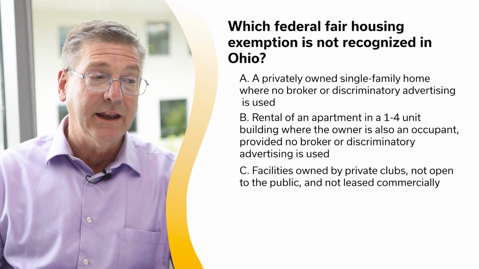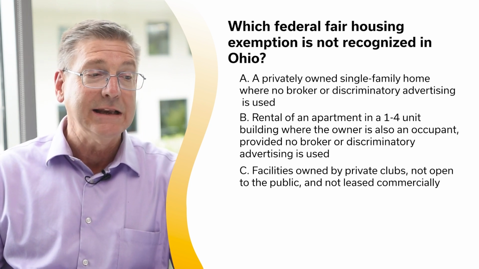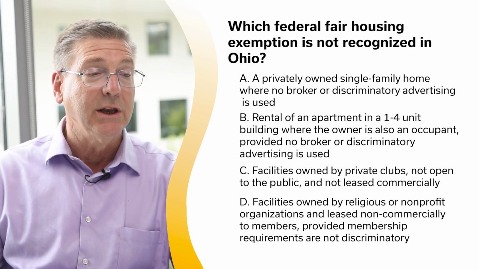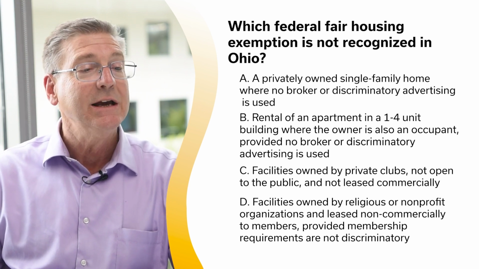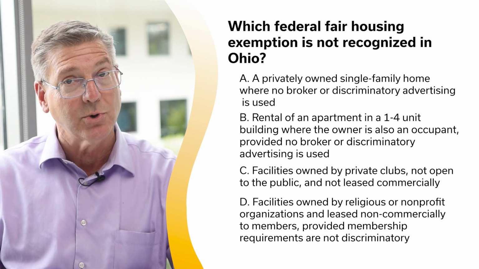C, facilities owned by private clubs, not open to the public and not leased commercially. Or D, facilities owned by religious or nonprofit organizations and leased non-commercially to members, provided membership requirements are not discriminatory.